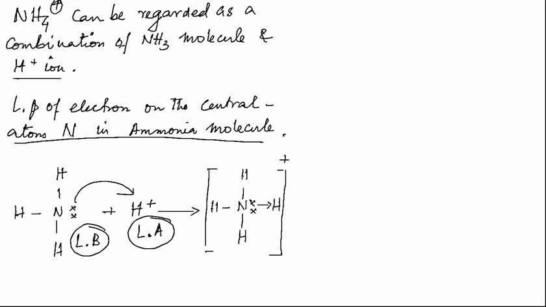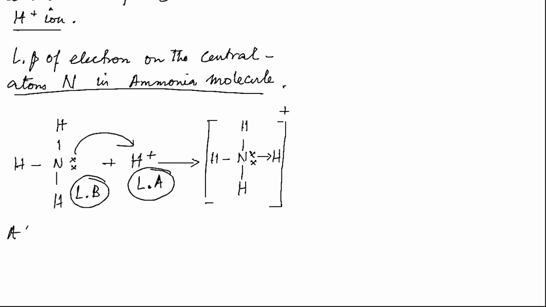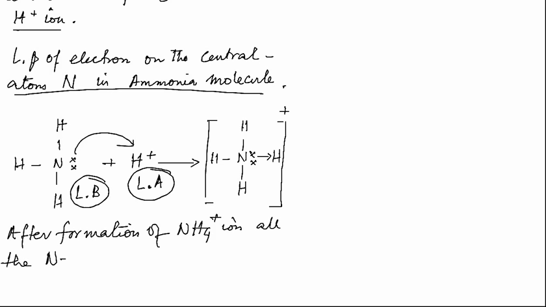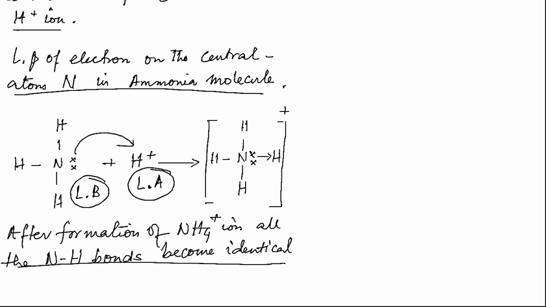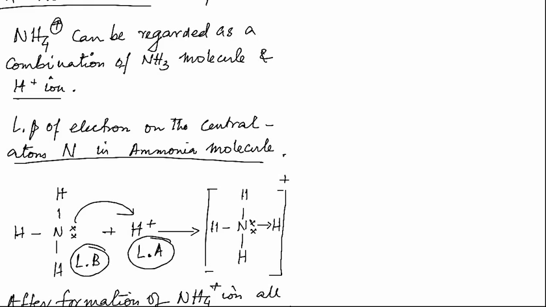After the formation of the ammonium ion, the 4 N-H bonds become identical, and hence the NH4 plus ion can also be represented with the help of this structure.